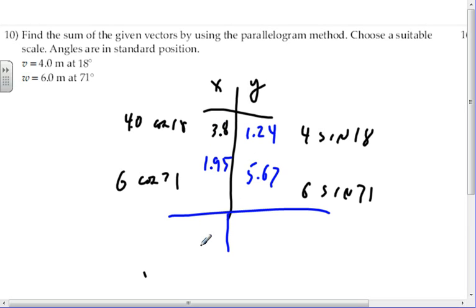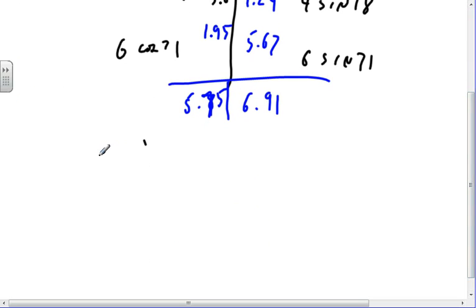That's 4, that's 5.85, right? No, 5.75. 6.8991.